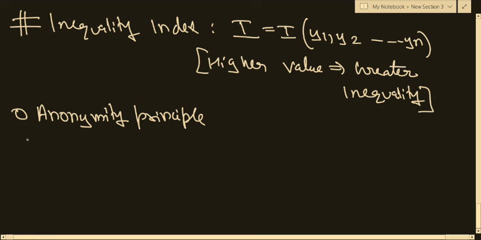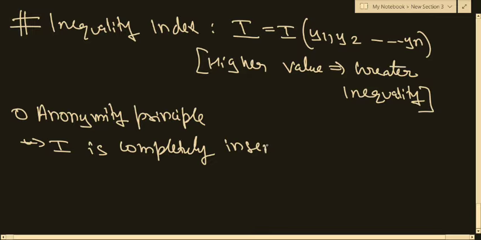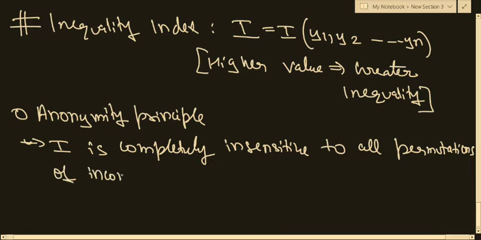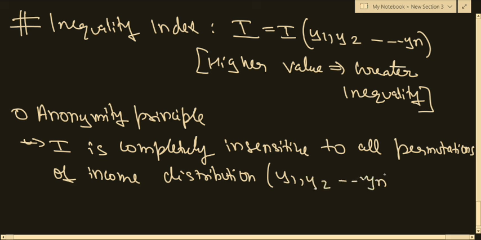Now in this, we have the function I is completely insensitive to all permutations of the income distribution, that is y1, y2 until yn, among n individuals.